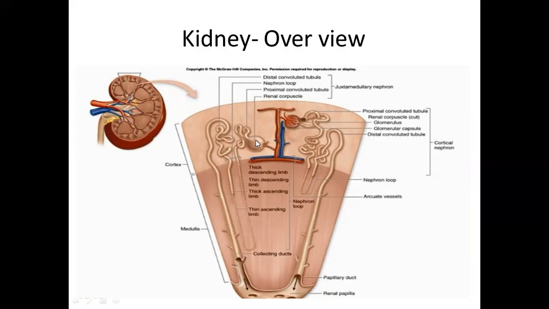The structural unit of the kidney is the nephron, and in the cortex you will find the renal corpuscle part of the nephron. That is only and only present in the cortical area of the kidney. It is not present in the medullary area.